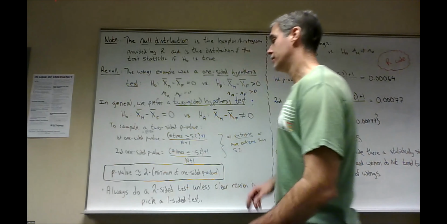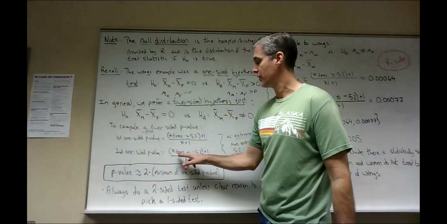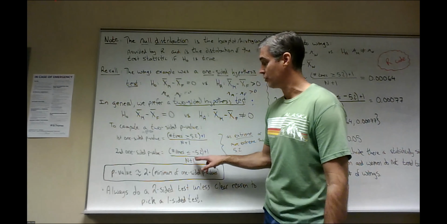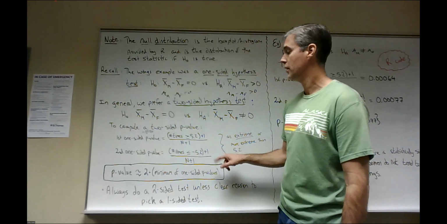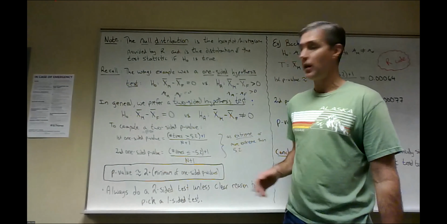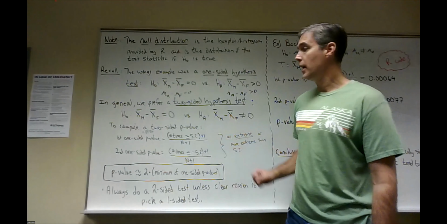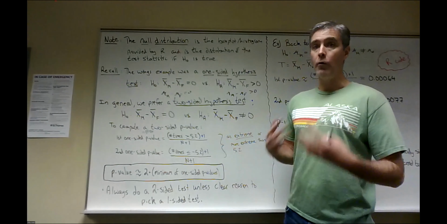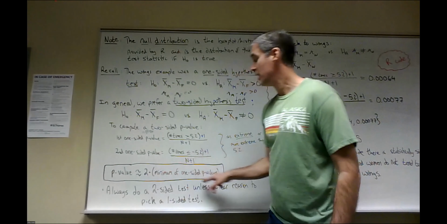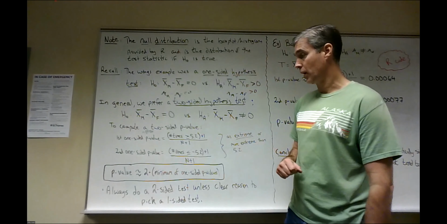So the other one-sided p-value is the number of times that the test statistic is less than or equal to negative 5.2, plus 1, divided by n plus 1. So we're going to have R calculate both of these. And then our overall p-value is going to be 2 times the minimum of those one-siders, okay?